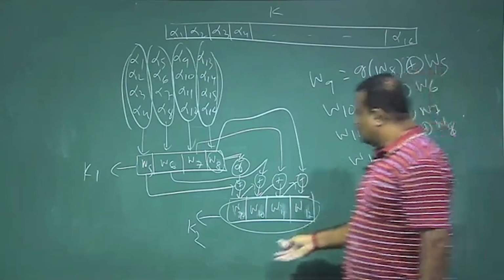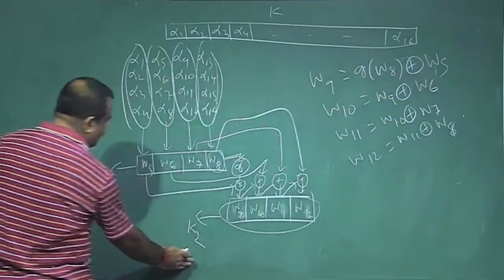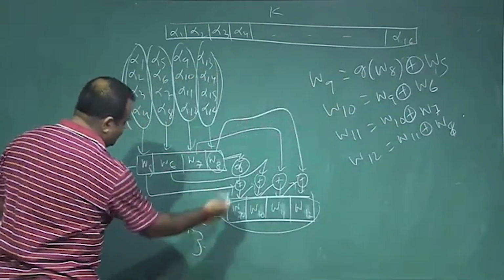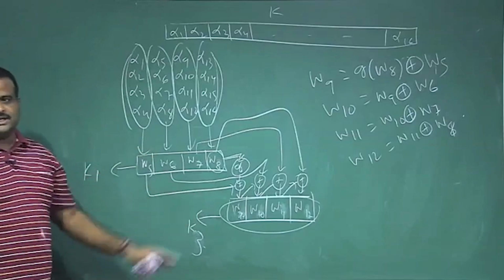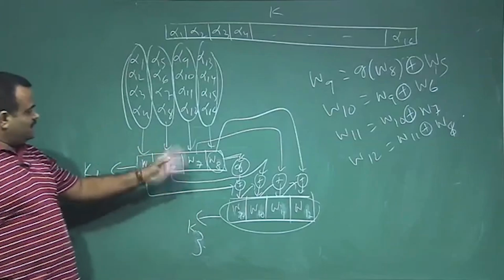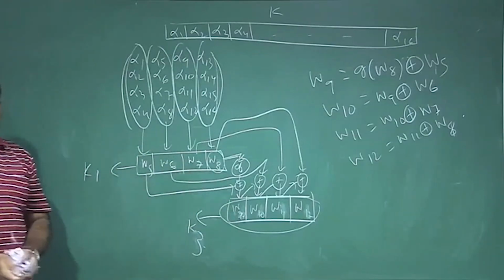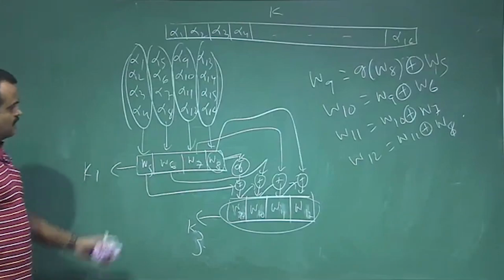So, we got our K3, and similarly we continue this process until we get K11. So, basically these W's are giving us the round keys.